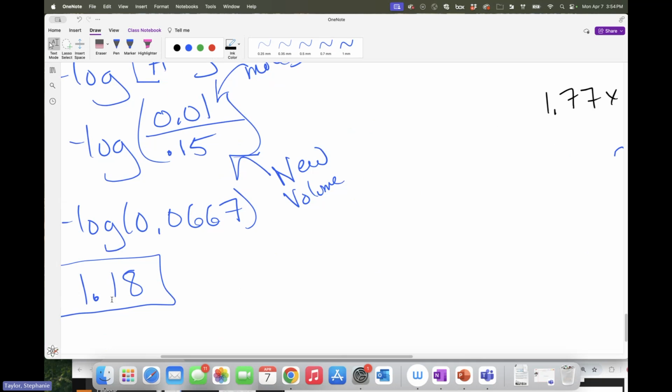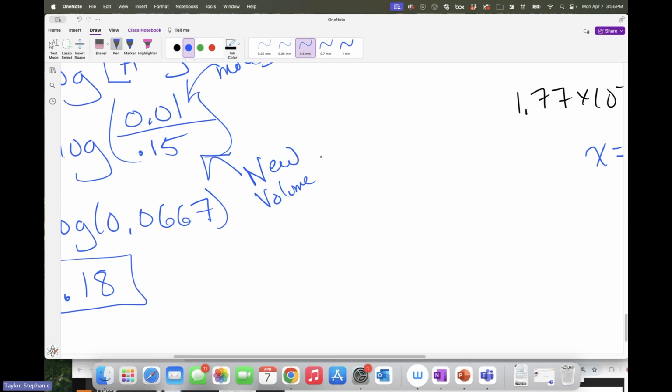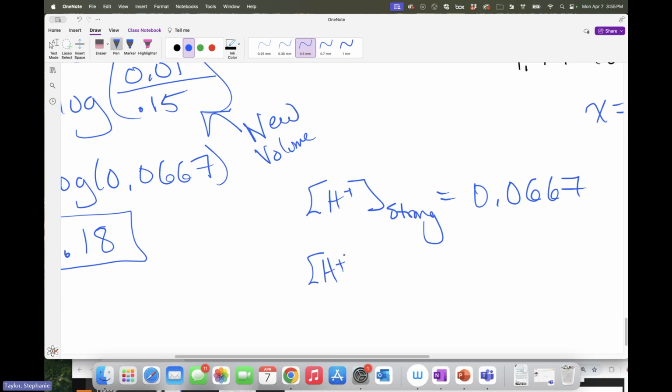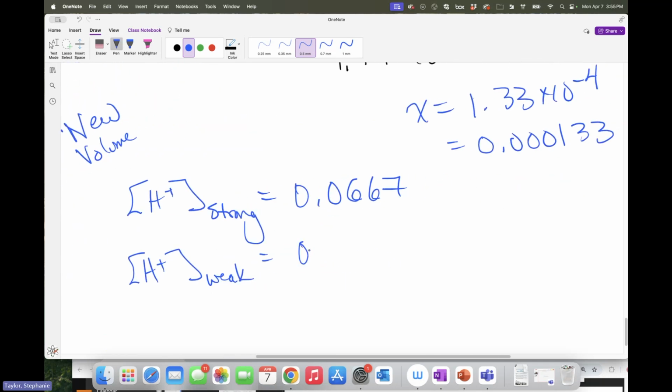So I had H plus from the strong species, 0.0667. And I also had H plus from the weak species, 0.000133.